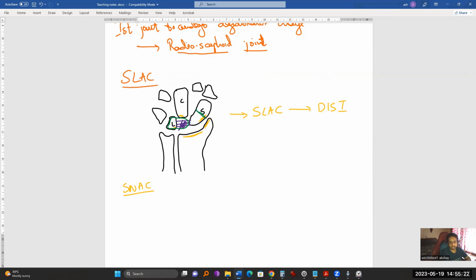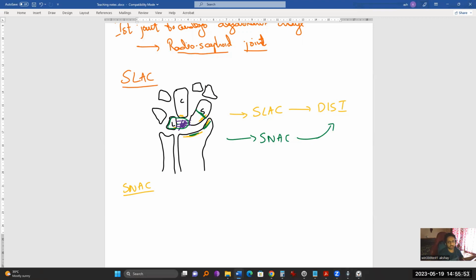Because of the fracture, there is a non-union of the scaphoid bone, and this will also result in similar osteoarthritic changes in the carpal bones. That also will result in a DISI deformity eventually.